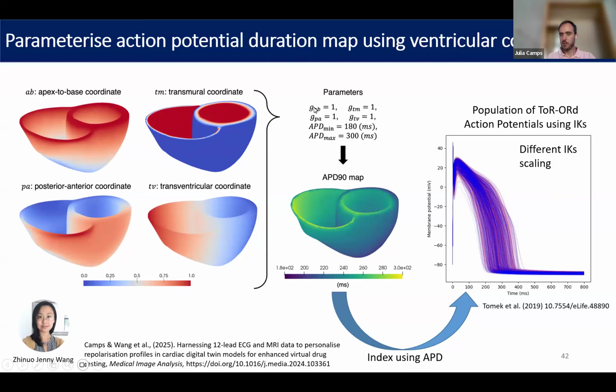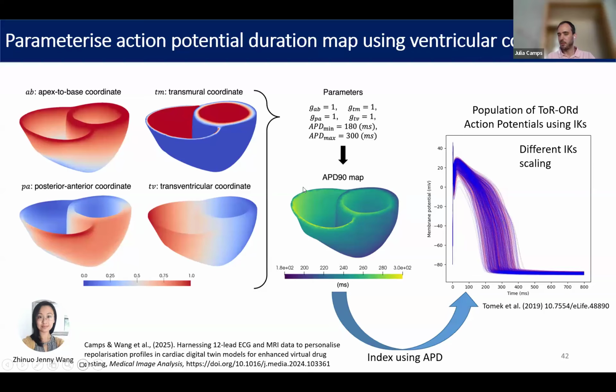Then once we sample these parameters for a specific value, we get an action potential duration map. You can think about it as a cellular relaxation map of the cells in the heart, where you can then plug in action potentials that are aligned in time and have the same properties.